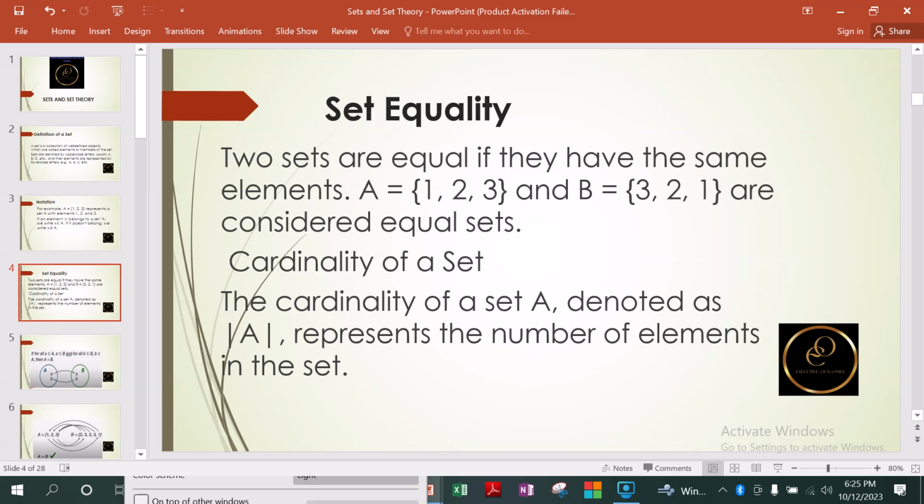Cardinality is indicated by putting two parallel lines around the letter representing the set: a parallel line, then A, another parallel line. In this case, the cardinality of set A is 3, because the number of members is 3. Also the cardinality of set B is 3, because the number of elements is 3.